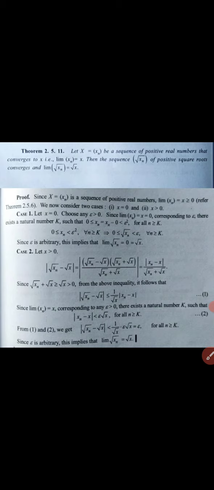From the first and second equations, we can write that mod of root xn minus root x would be less than 1 by root x times epsilon root x, which would be equal to epsilon for all n greater than or equal to k. Since epsilon is arbitrary, this implies that limit of root xn would be equal to root x. So that's all. Thank you.